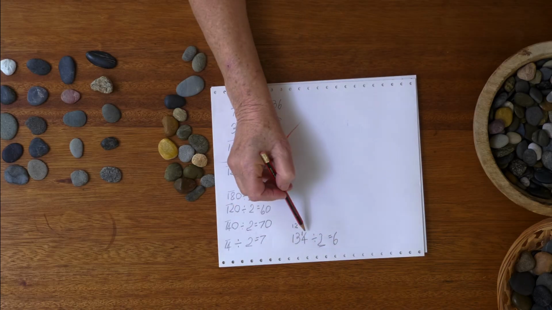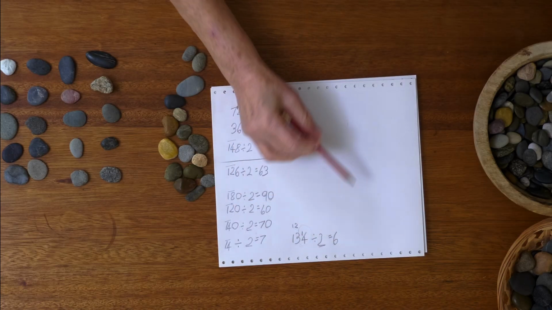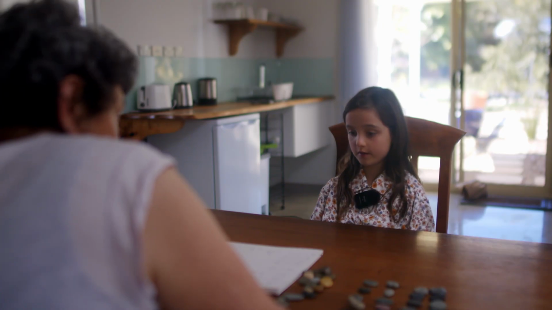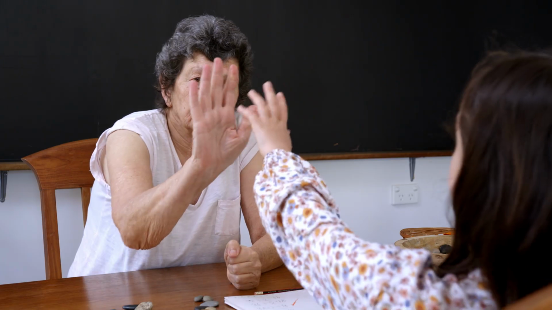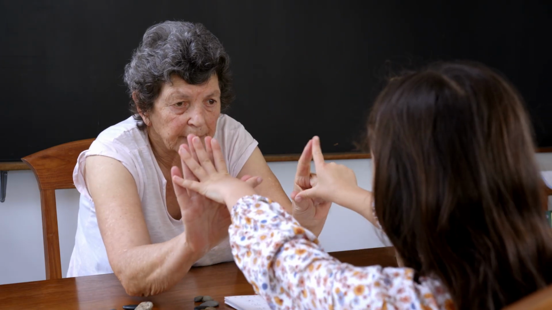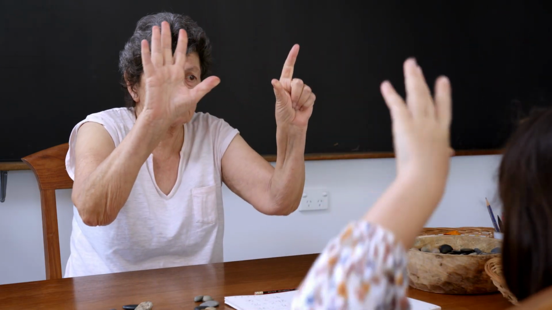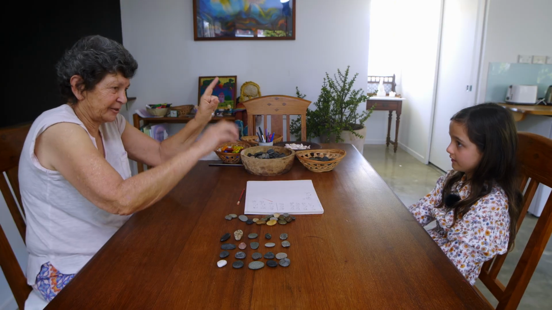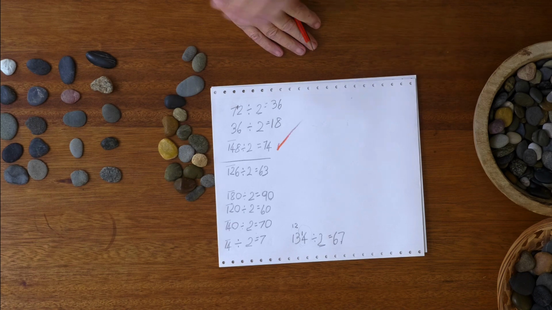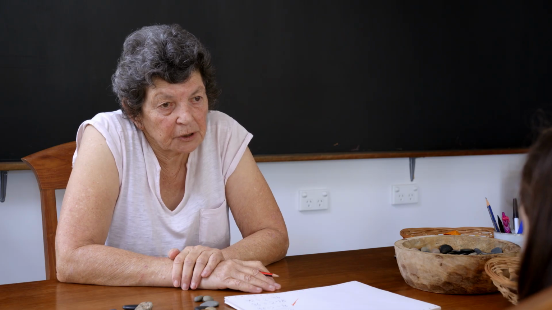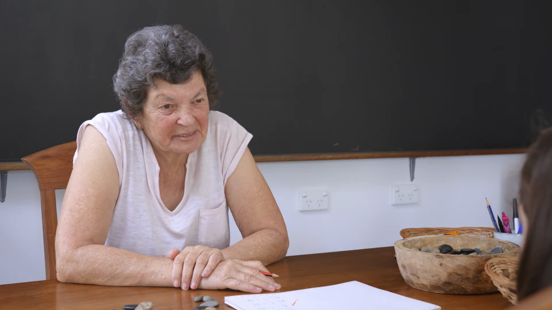And how many have we got in our ones now? 14. Let's do mirror game reverse to share that. And how many ones will we get each? 7. Perfect. You can now divide anything by 2. Good job.